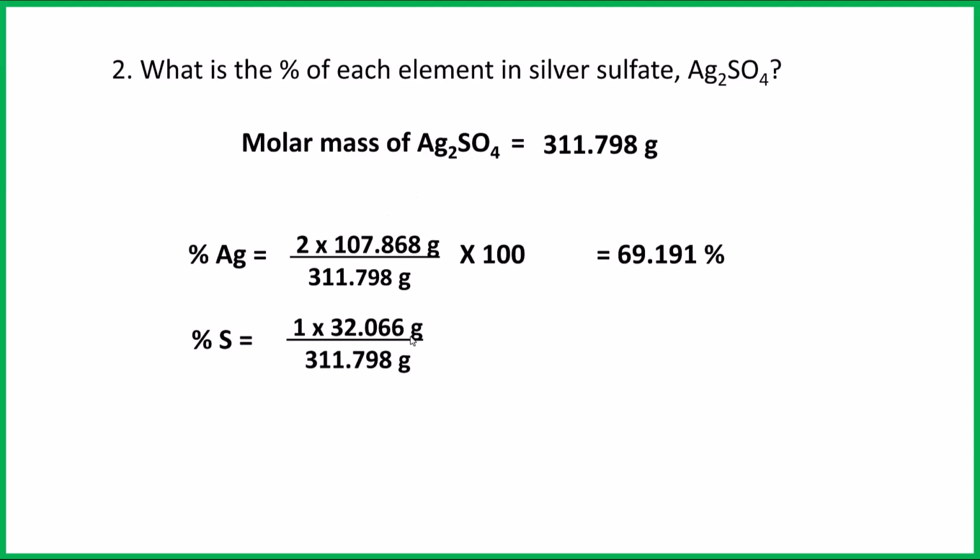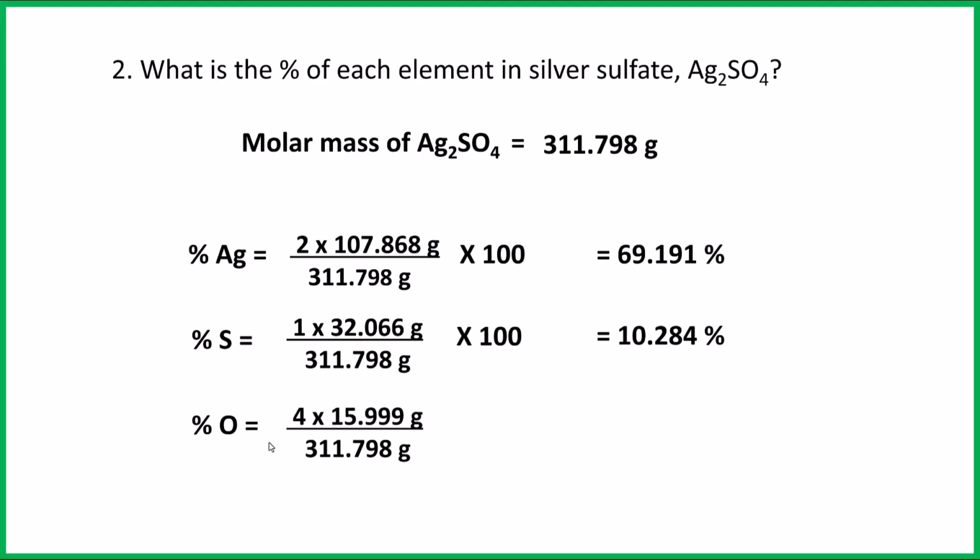The percentage of sulfur, we only have 1 sulfur atom in this molecule, so we just use the molar mass once. 32.066 divided by the total times 100 gives us approximately 10% sulfur. And then the percentage of oxygen is going to be 4 times 15.999, and we get the 4 from that subscript and the 15.999 from the periodic table for the mass of oxygen.